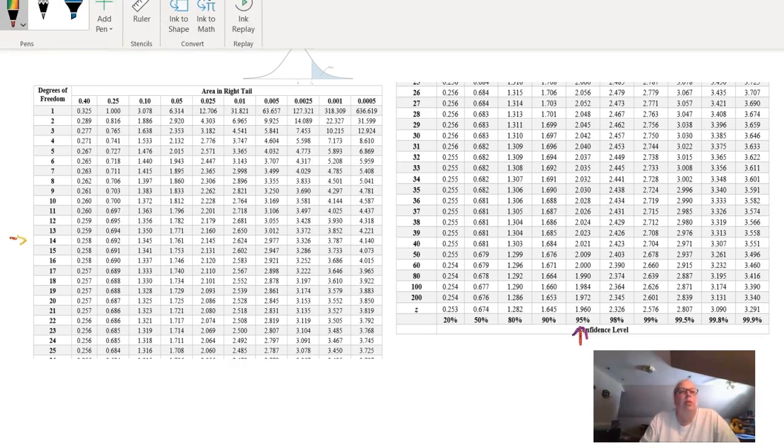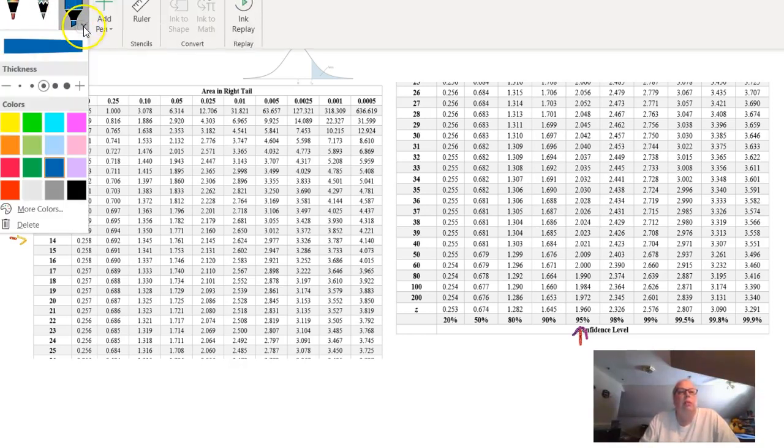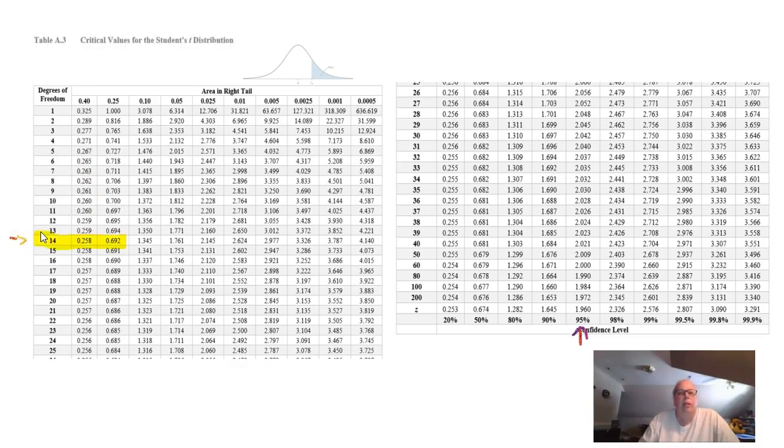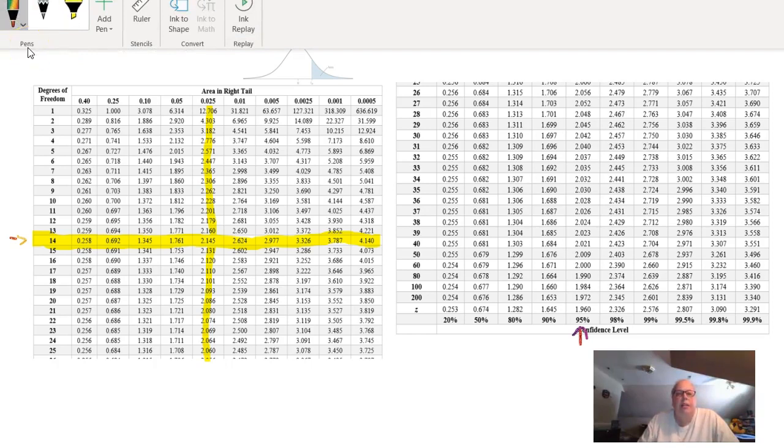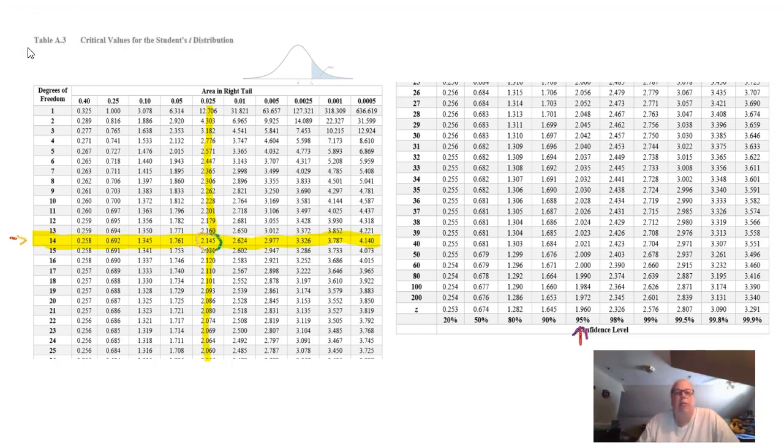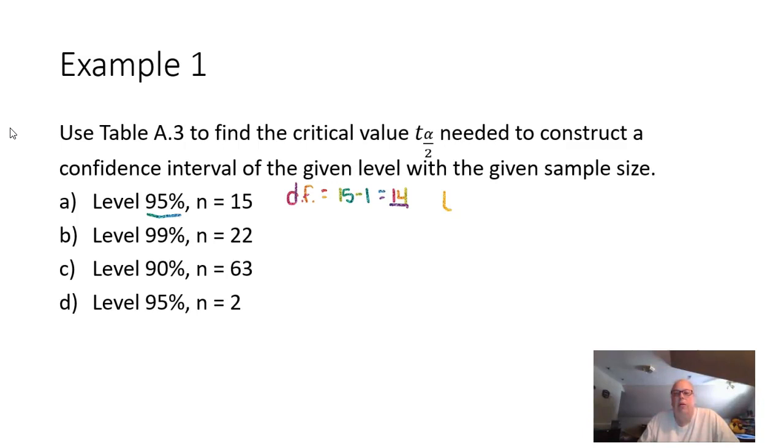The number that we want is on line 14, going up the fifth column. That means the solution to our problem is that t sub alpha over 2 is 2.145, or our t value, as we sometimes call it.